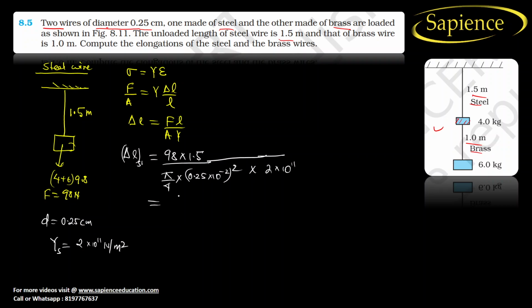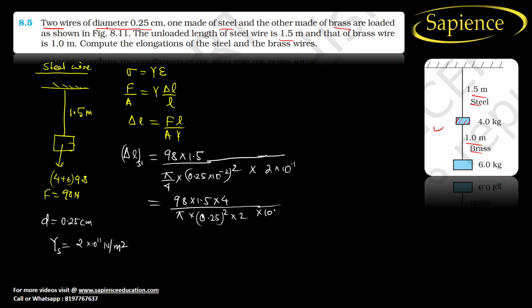Finally, if we calculate this, we will have 98 into 1.5 divided by pi by 4 into 0.25 into 10 to the power minus 2 whole square into 2 into 10 to the power 11.